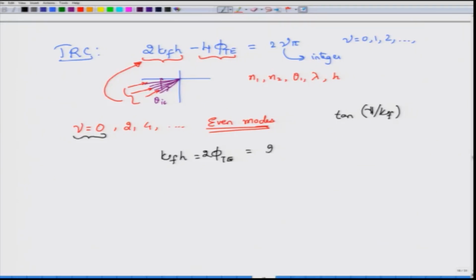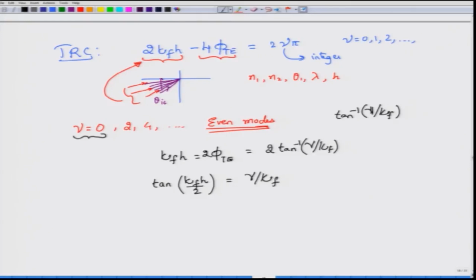So, this would be equal to 2 times tan inverse of gamma by kappa f. Put the tan on the other side after dividing both sides by 2. The condition you would have is that tan of kappa f h by 2 must be equal to gamma divided by kappa f.